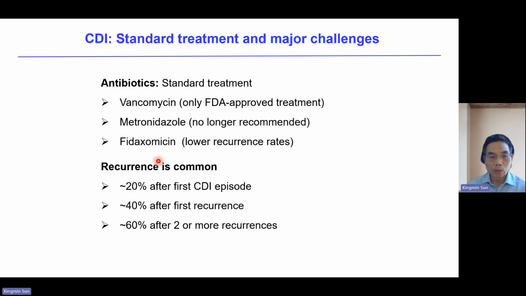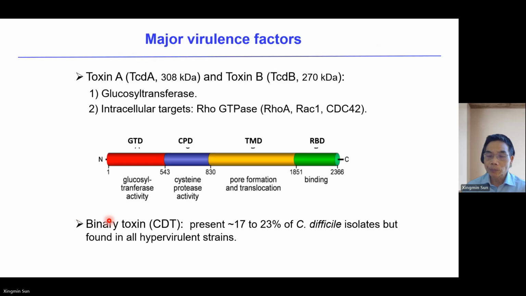So there are very few options left for treating C. difficile infection. In addition, antibiotic treatment leads to a very high rate of recurrence, because the treatment will further disrupt the intestinal microbiota, which is the major risk factor for developing infection.